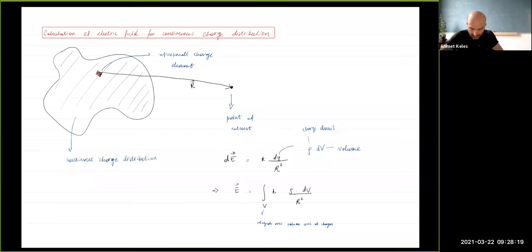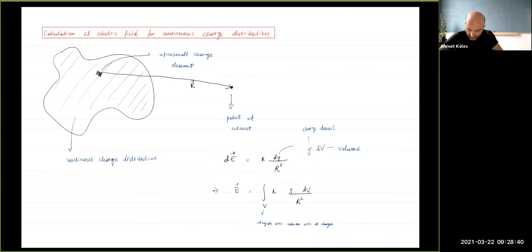And I look at the distance from this infinitesimal unit to the point of interest. And I write the electric field from this one. Of course, it's going to have some X and Y components.